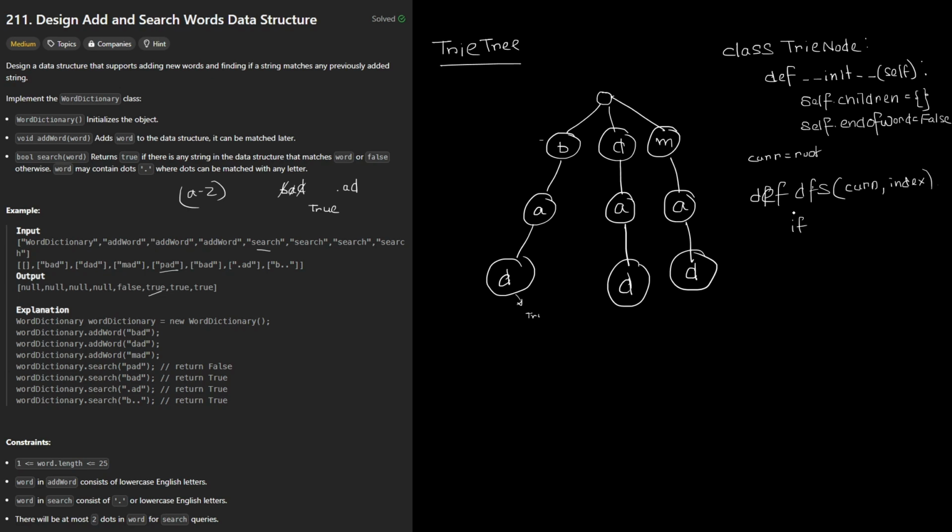So if the current index is equal to the length of the word, then I can return cur.end_of_word. That basically means, have we reached the last point? Then only we can return it.